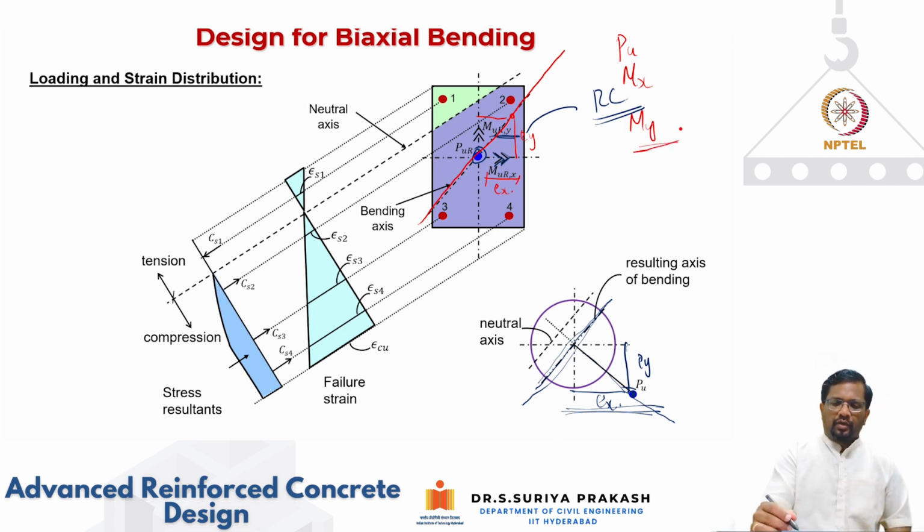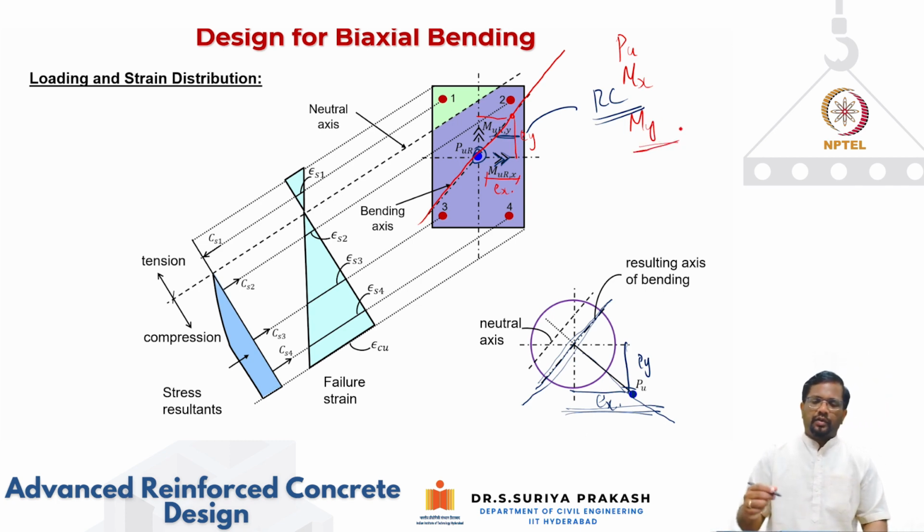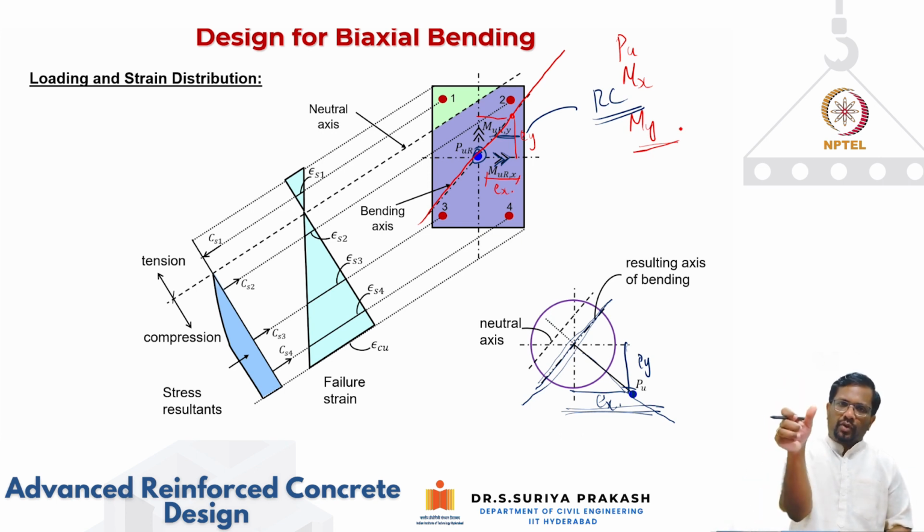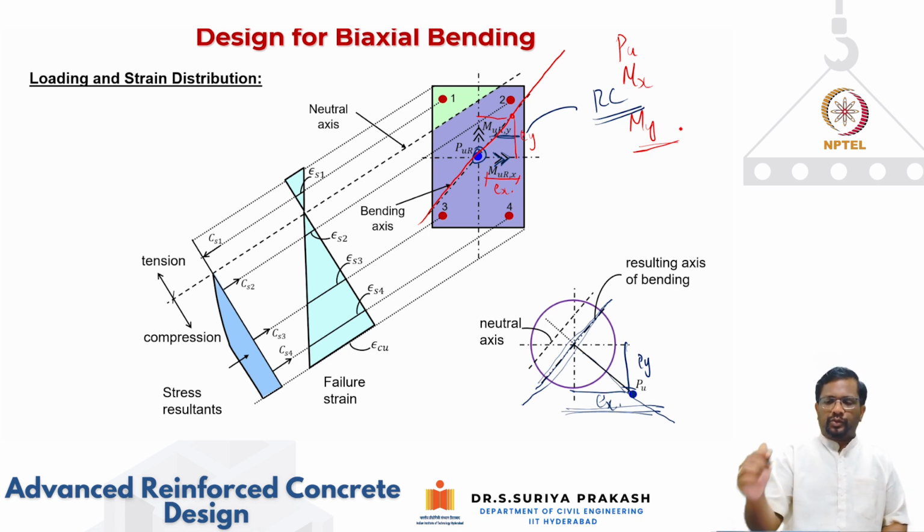Now, the neutral axis, we have seen that it need not be parallel to this bending axis. So we should not only vary the neutral axis, we should also vary that angle. Okay, how much angle it is going to make, so that it will satisfy that equilibrium condition.